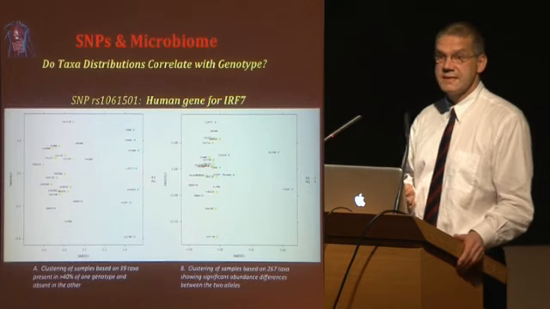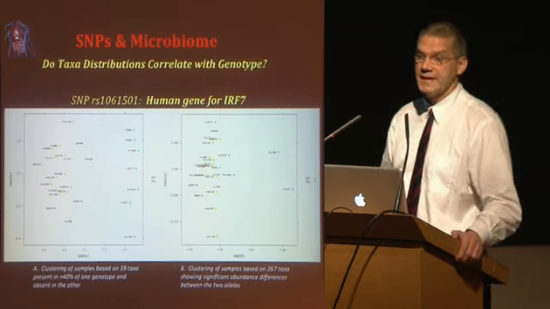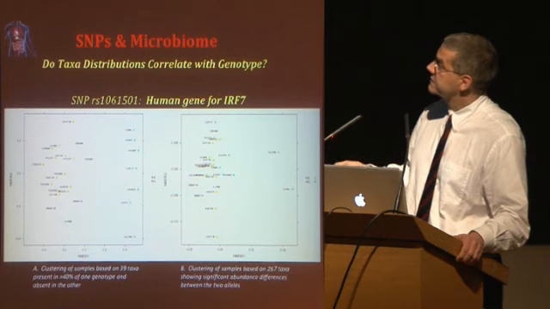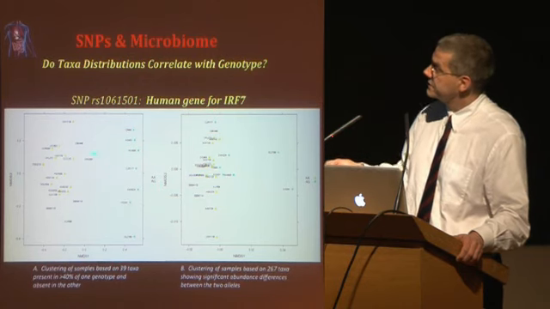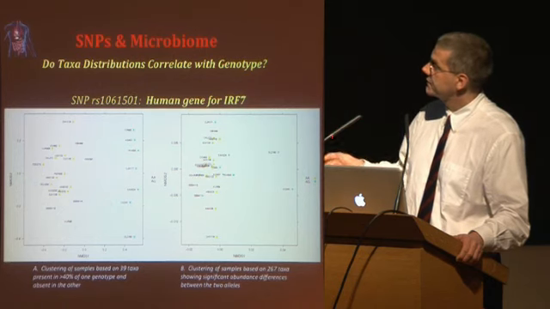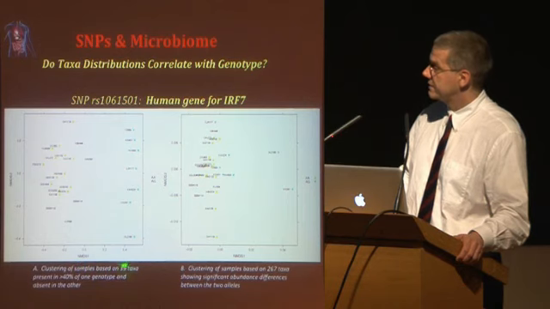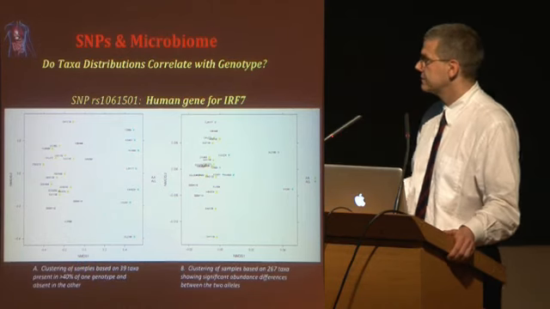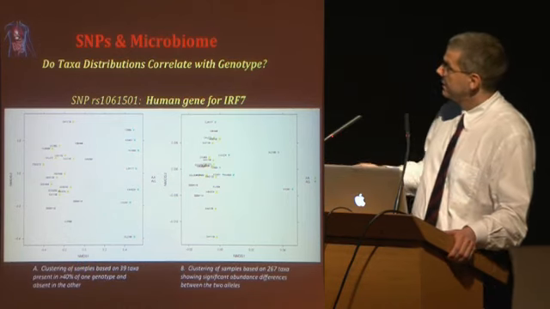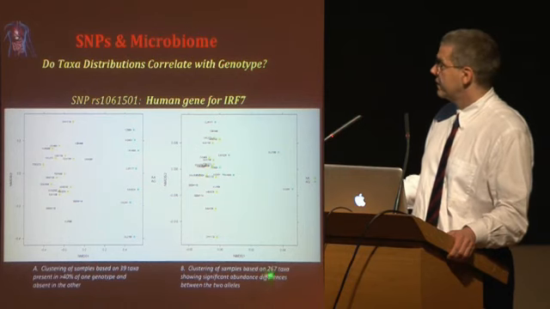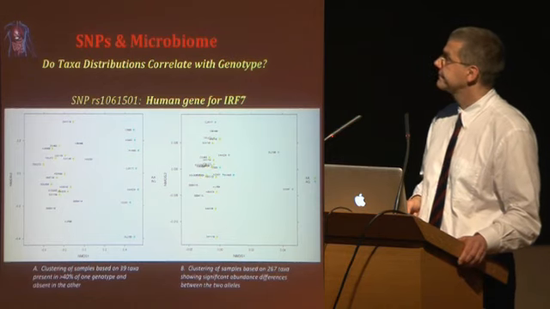And does that same SNP correlate with specific microbiome composition at 2 years of age? And the answer is yes. It's the same SNP, AA, AG, and you can see how the AA cluster over here and the AG cluster over here. That's true for binary, and this includes only 39 taxa. It's also true based on the statistics for the abundance measurement, including 267 taxa.